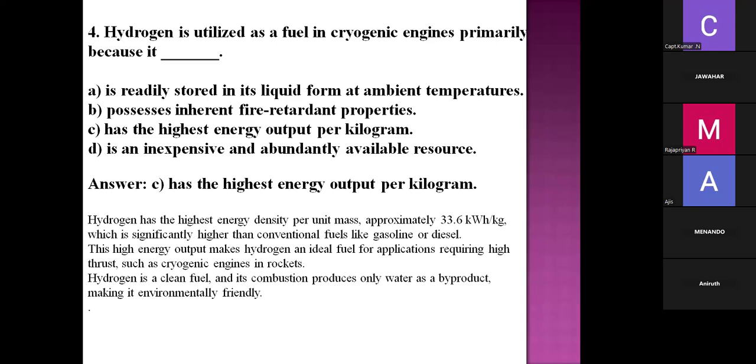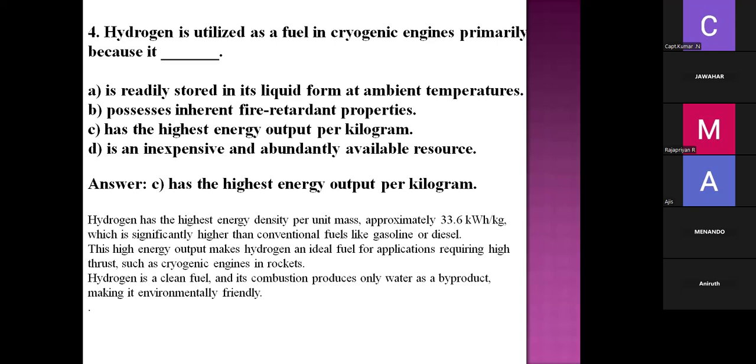Cryogenic engines, which operate at extremely low temperatures, effectively utilize hydrogen in its liquid state due to its low boiling point, minus 252.87 degrees Celsius. Cryogenic engines are rocket propulsion systems that use cryogenic fuels and oxidizers at extremely low temperatures.